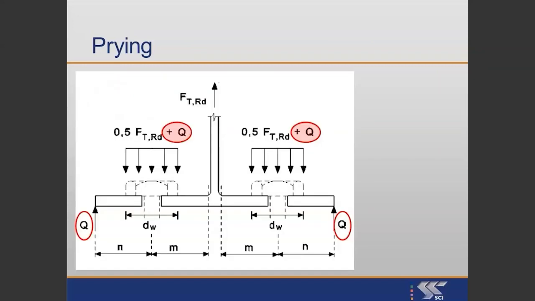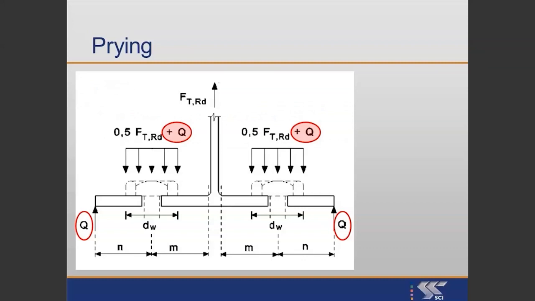And it gives us a nice little drawing which shows the prying force. Notice it's the same nomenclature, capital Q. So the prying force we see is applied at the tips of the flange or the end plate, whichever it was.